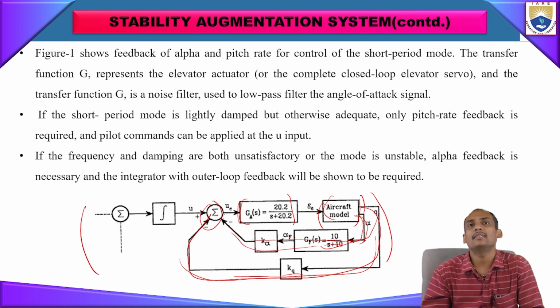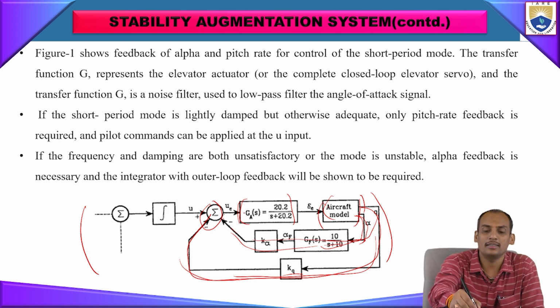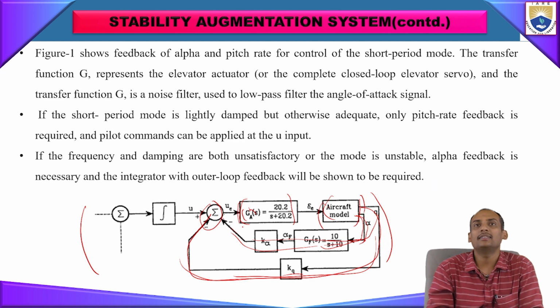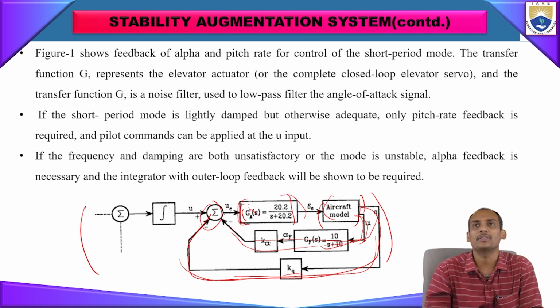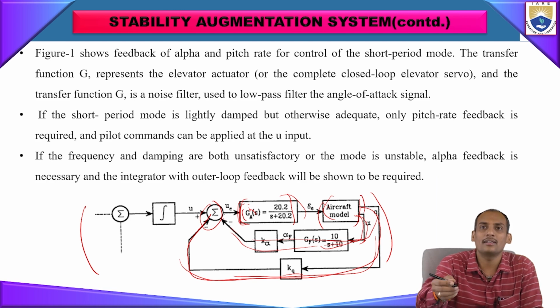Here you see that GA is there, no? The transfer function G represents the elevator actuator, or the complete closed loop elevator servo. This is the elevator actuator transfer function only. And the transfer function G is the noise filter, used as a low pass filter on the angle of attack signal only.